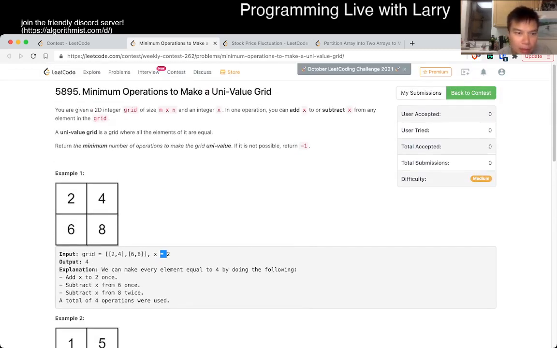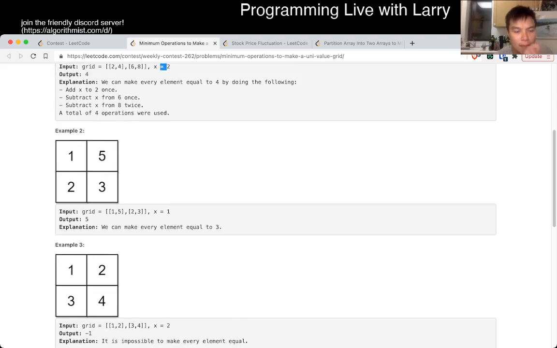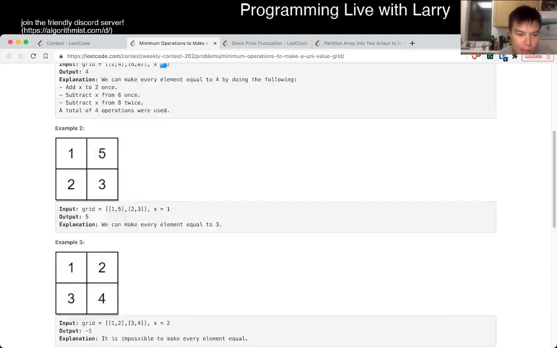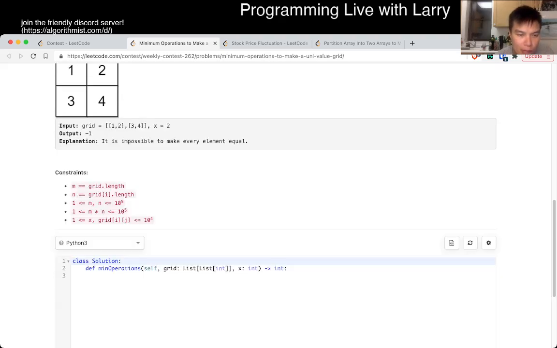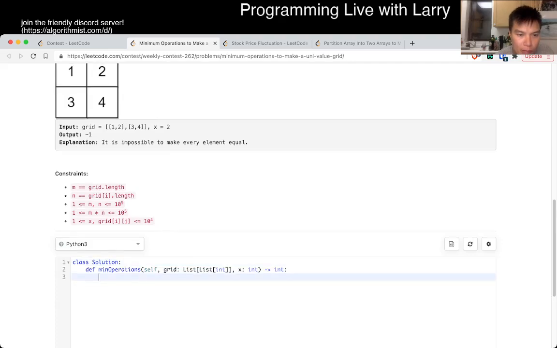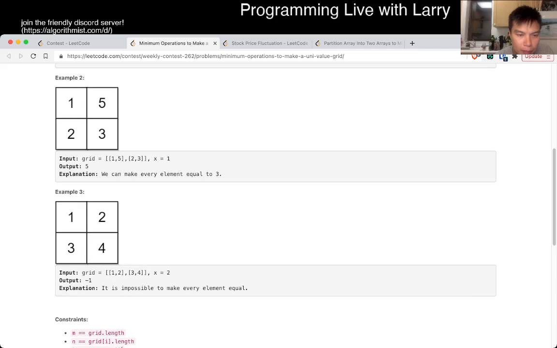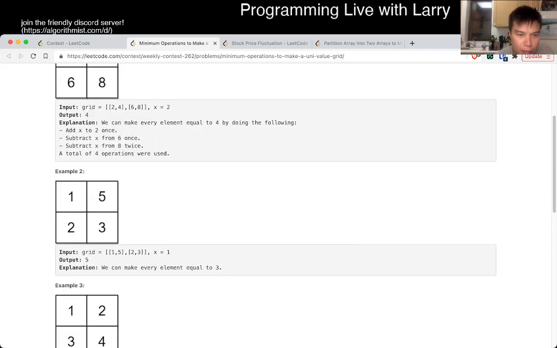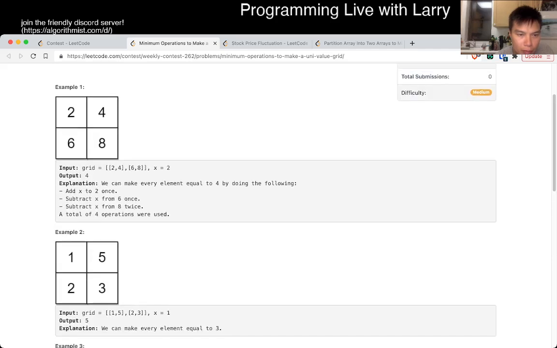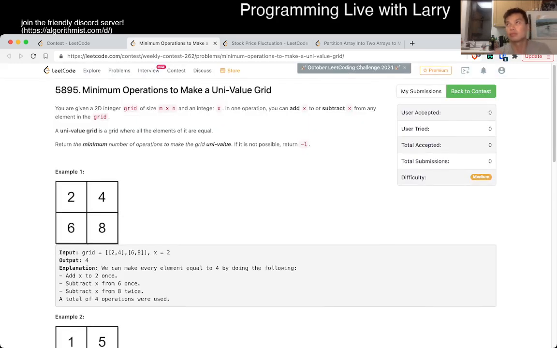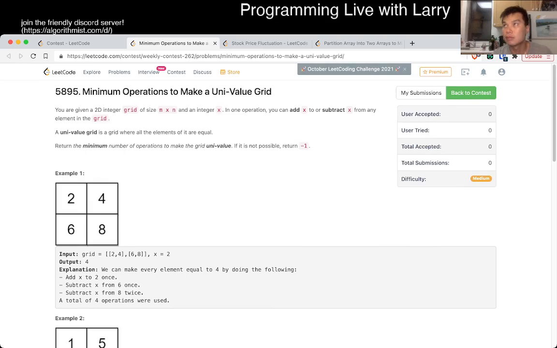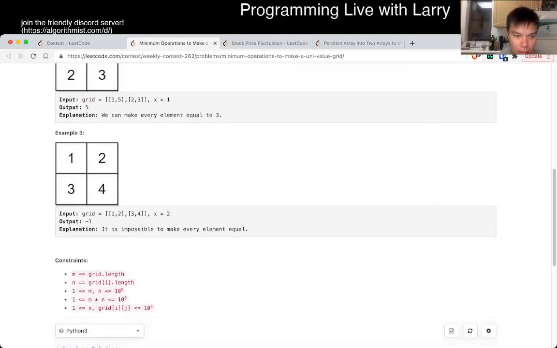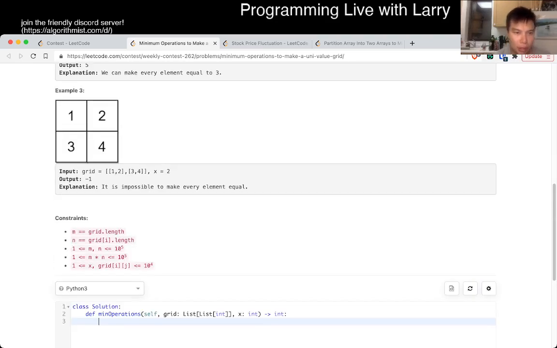The grid part doesn't even matter, does it? It's just a lot of numbers. Okay. That's such a weird problem, but okay.